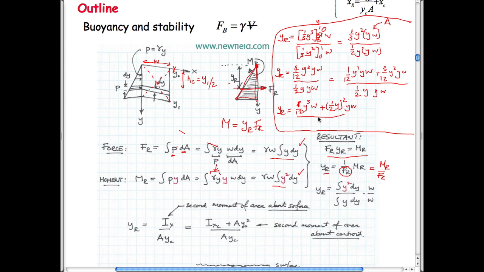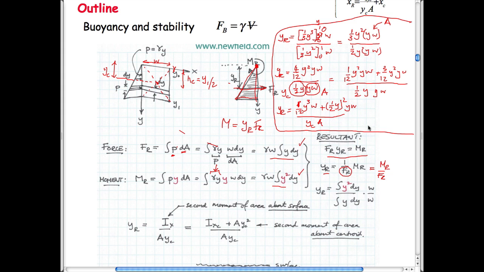And I'm going to write the bottom as yc times a. So this here is a. This here is the depth of the centroid. So this is equal to this point here. This is y sub c.